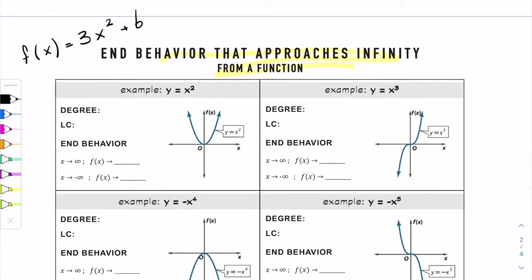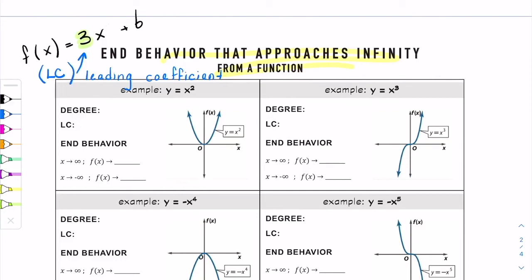In this function, this value of 3 is called the leading coefficient. I always abbreviate leading coefficient as LC, just to save me some time of writing. So leading coefficient is LC.